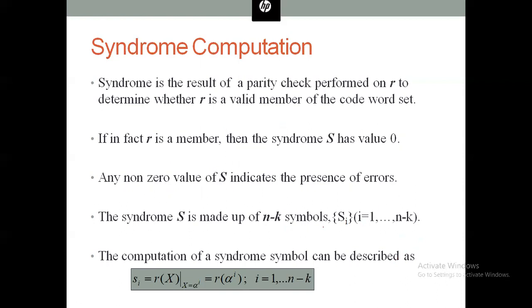So first we calculate the syndrome on the basis of the roots. So if the roots are alpha I, the range is from 1 to n minus k or 2t, we have calculated the syndrome in it. So we also have the syndrome vector from 1 to n minus k.